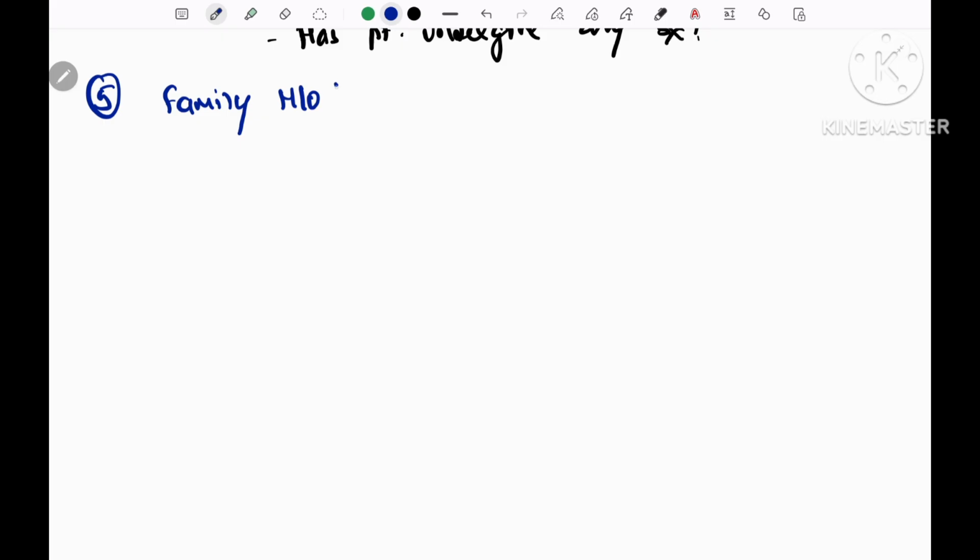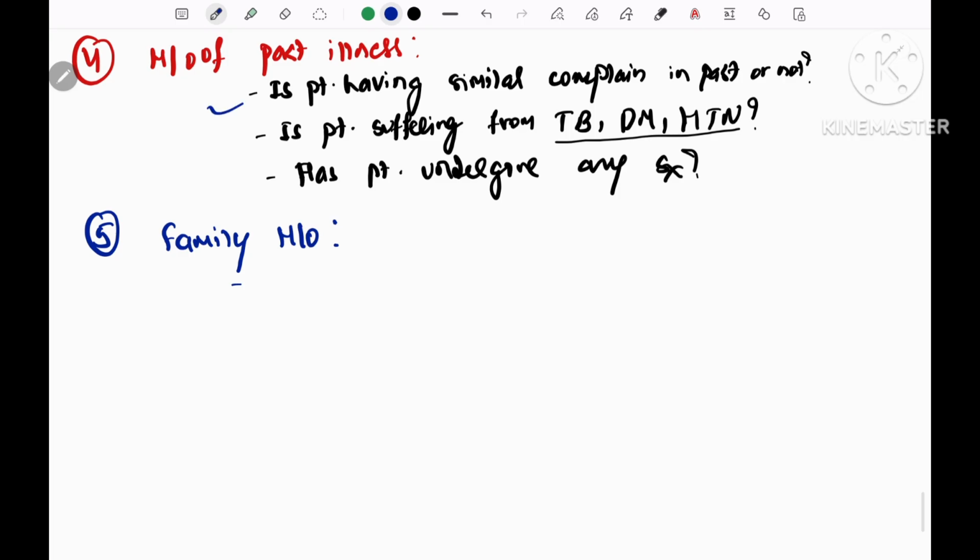In the family history, we have to know: is there any similar complaint in the family or not? Is any family member suffering from tuberculosis, diabetes mellitus or hypertension? Or has any surgical intervention been done in a family member in the past? These are the three important points we should ask in the family history.